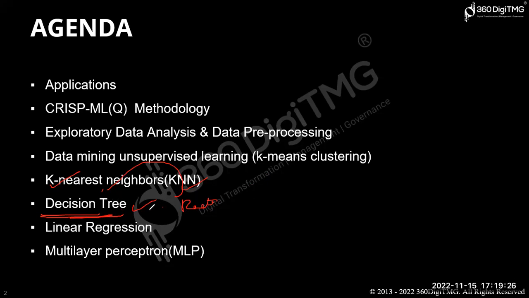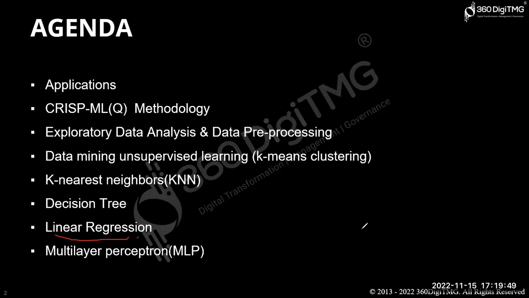And we'll try to understand how the decision tree is working, and what components we'll be having in the decision tree. All those things we'll try to understand, and then we'll use one use case scenario and see how it can classify into different classes. So that we will see, and then we'll be having the regression.